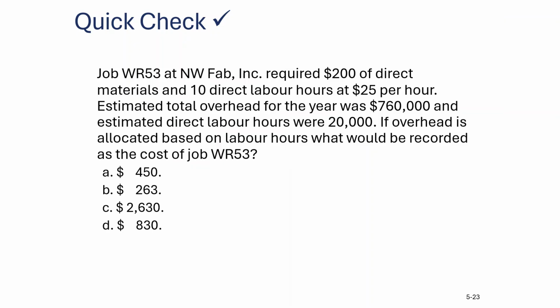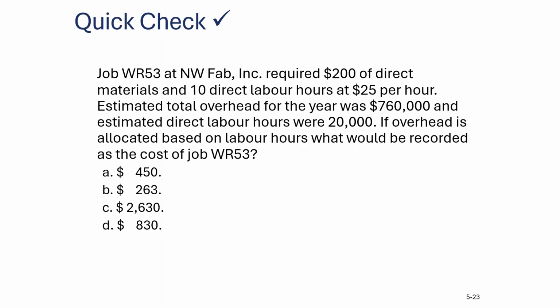Okay, so another question for you, and again I'm going to read the question. You can pause the video, answer it, and then play it, and then you see the answer. So job number WR53 at NB Fab Inc. requires $200 of direct material, 10 direct labor hours at $25 per labor hour.